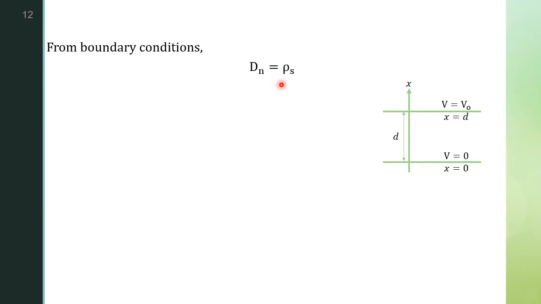You already know the tangential component will be 0, so the normal component of flux density is equal to charge density. We have already seen the value of Dn to be minus epsilon V0 by d ax cap.